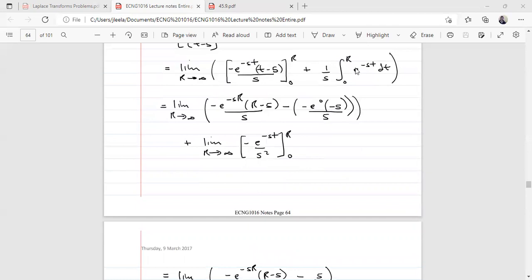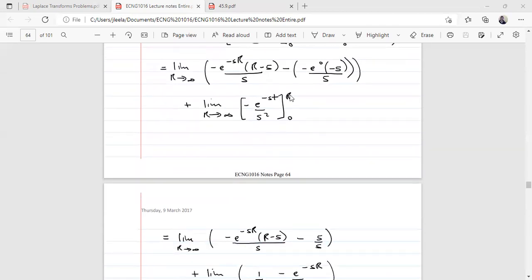And then you take the integral here of e to the minus st dt, which is e to the minus st over minus s. So you end up with an s squared in the bottom here with a negative in front.